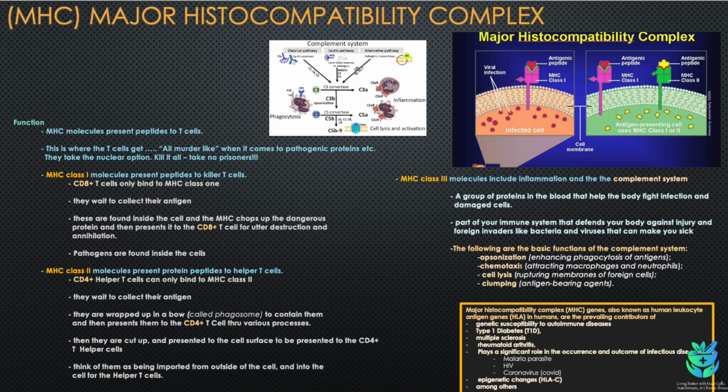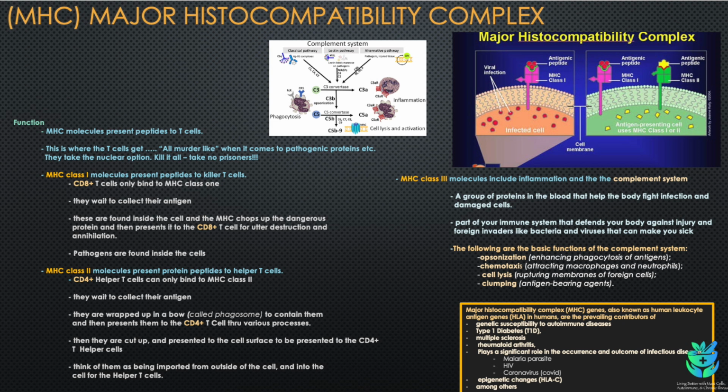The major histocompatibility complex genes, also known as the HLA, are the prevailing contributors of genetic susceptibility to autoimmune diseases like type 1 diabetes, multiple sclerosis, and rheumatoid arthritis, and play a significant role in the occurrence and outcome of infectious diseases such as malaria, parasites, HIV, and COVID.